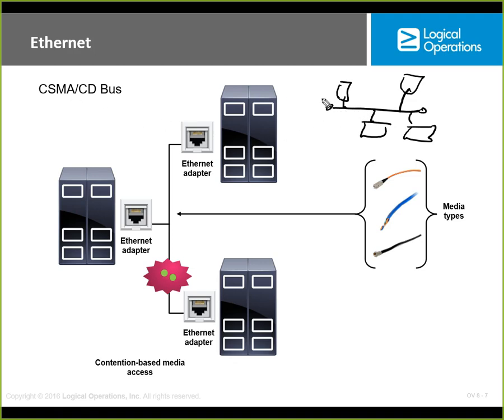Carrier sense multiple access collision detection. What that means is that when one of these devices wants to send something, it listens to the wire, to the network, to see if anybody else is talking. If they're not, then it's going to send its data.